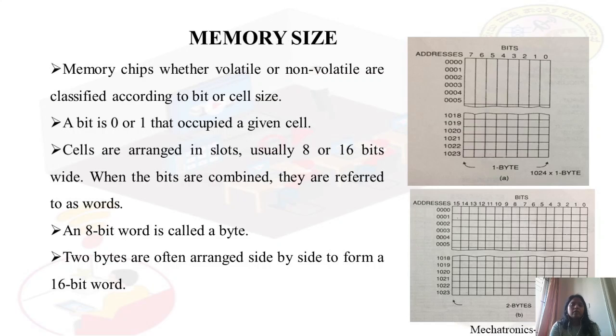Next, 2 bytes. 2 bytes means how many bits? It is a 16-bit word. If you see the next diagram, from 0 to 15 we have written. It is the 2 bytes memory. This is the 1 byte memory and this is the 2 bytes memory. 16 bits, and the addresses are from 0 to 1023.